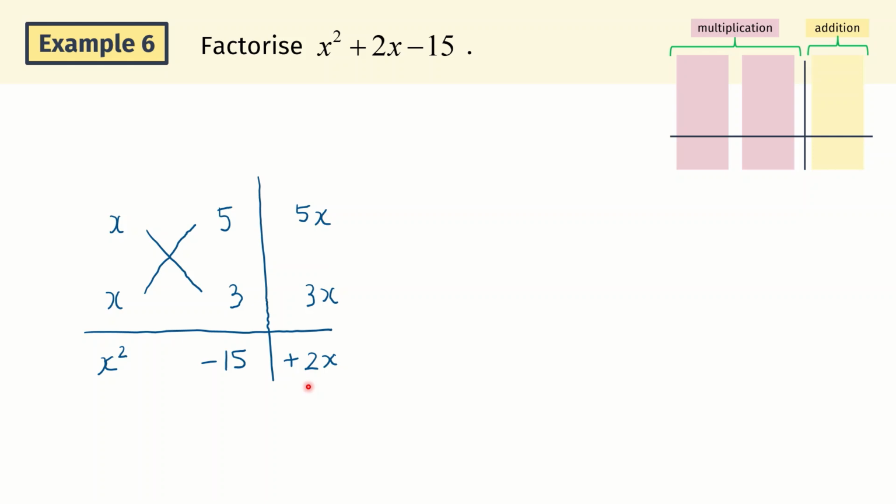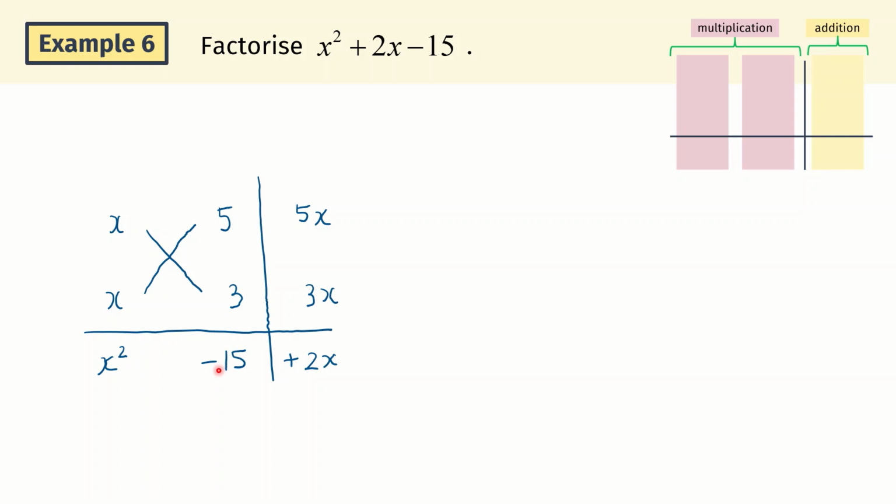In fact, they add up to become positive 8. But we should not be changing anything at the bottom row of our frame. What we can do instead is to consider some negative signs. By addition, I'm not always talking about addition of positive numbers. It can be addition involving negative numbers as well.